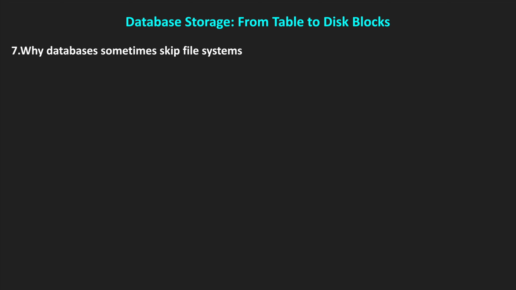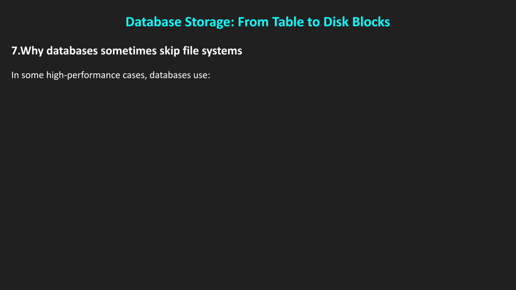So far we have seen why we are using the file system for storing the tables and the indexes on the disk. But now let's see why databases sometimes may skip the file system.